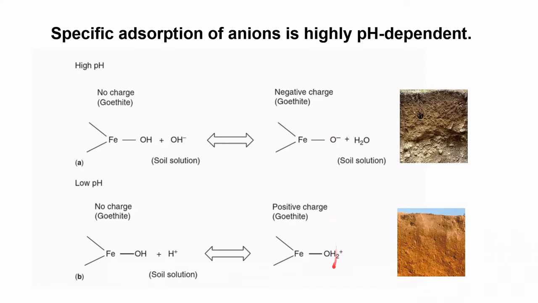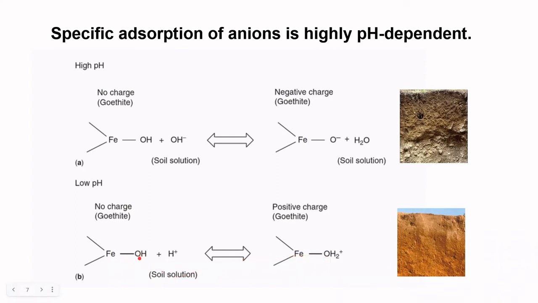Contrast this with this goethite crystal down here at a low pH that's gained a proton. The phosphate would be actively attracted to that edge of the goethite crystal because the positive charge of the goethite crystal is attracting the negative charge of the phosphate group. And so you'd be very, very likely to exchange a phosphate with this OH2 group here at a lower pH.